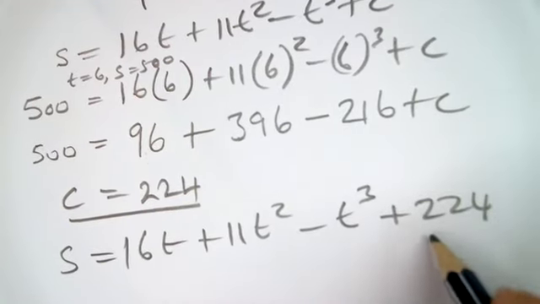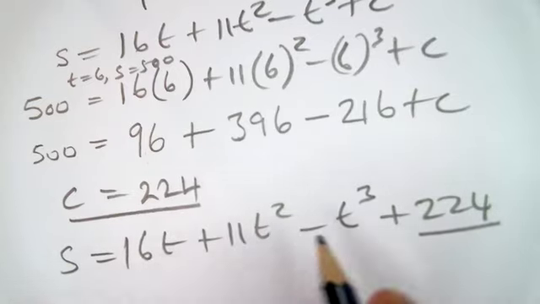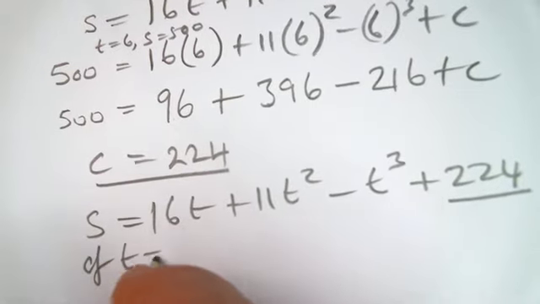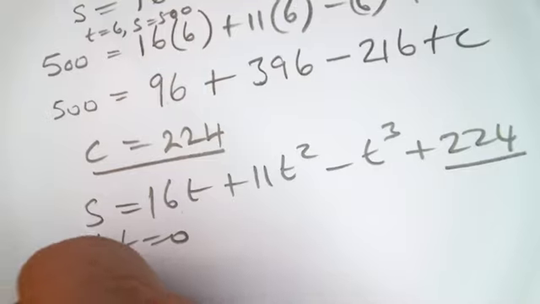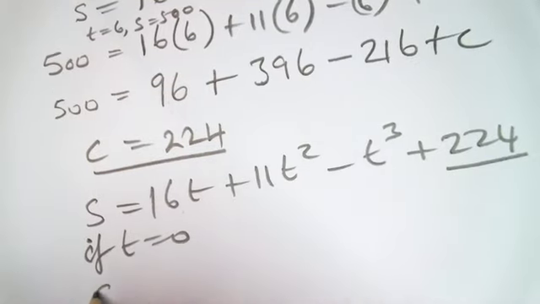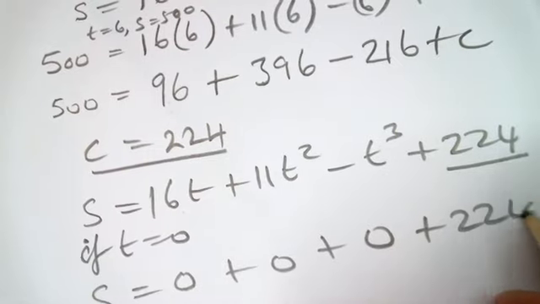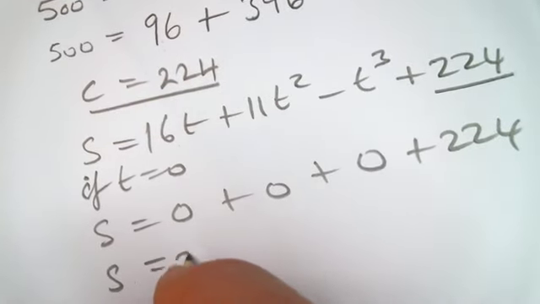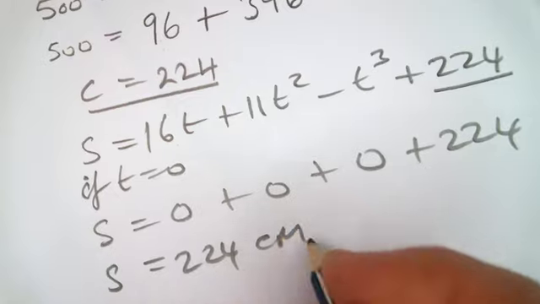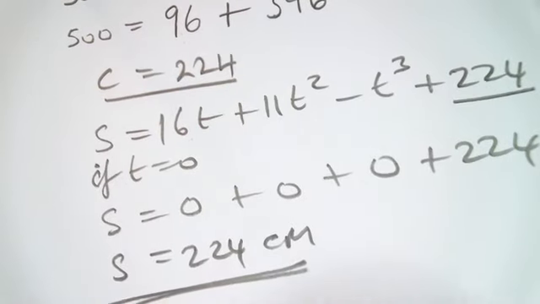If t is 0, then s is equal to 0 plus 0 plus 0 plus 224. So s is equal to 224 centimeters, and that is my answer.